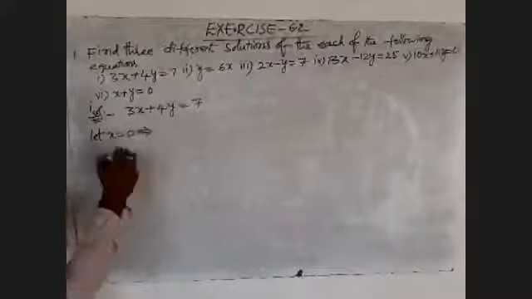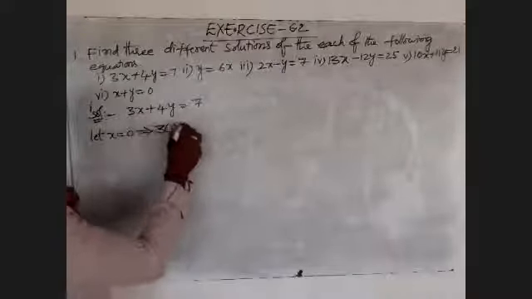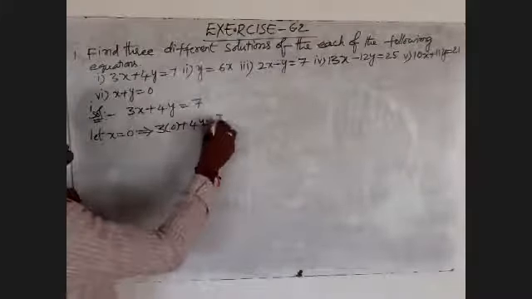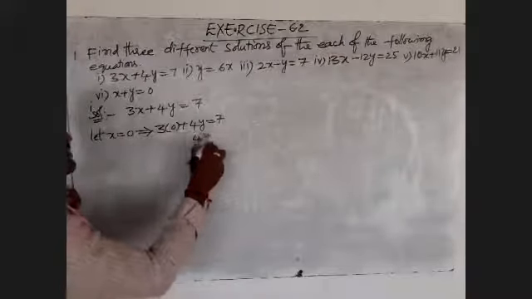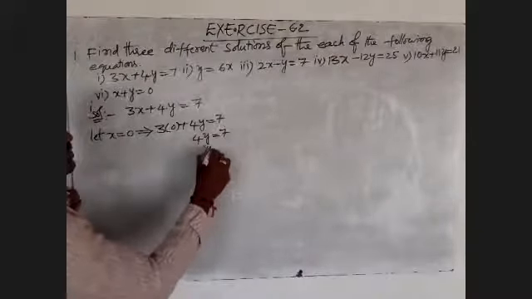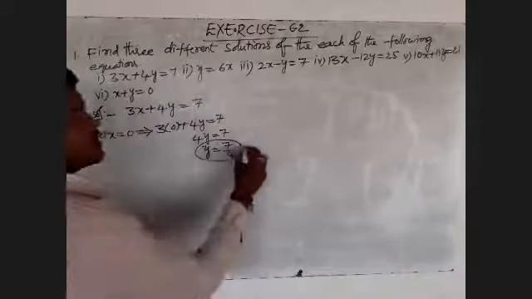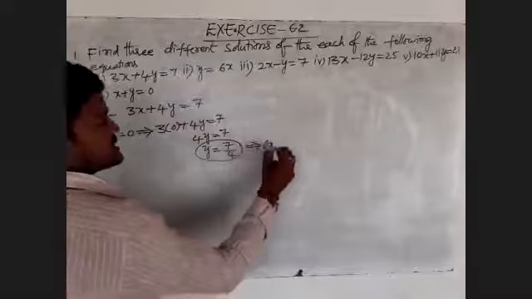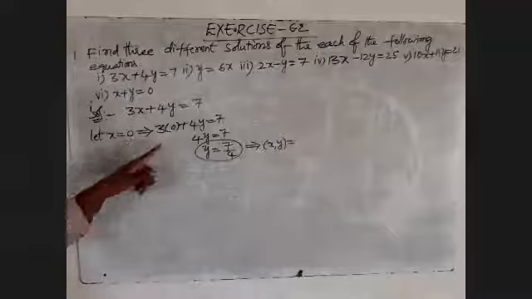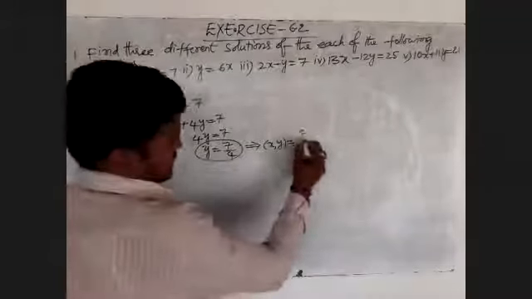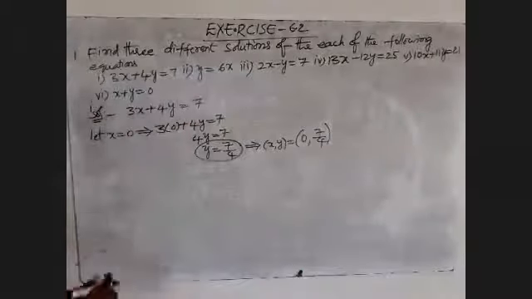I substitute in this given equation: 3 into 0 plus 4y is equal to 7. 3 into 0 is 0. Remaining is 4y is equal to 7, so y is equal to 7 by 4. The point x comma y is where x is 0, y is 7 by 4, that is 0 comma 7 by 4. This is one solution.